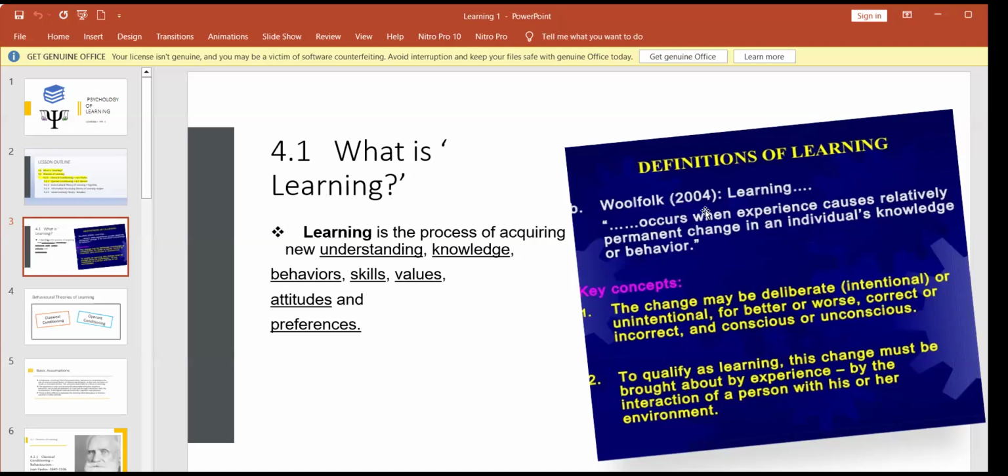So it's very difficult to give the definition of learning. Because of that, Woolfolk says, if you really want to understand what learning is all about, look at what learning is not about. Then you come to know what learning is all about. That is Woolfolk. Is it clear?